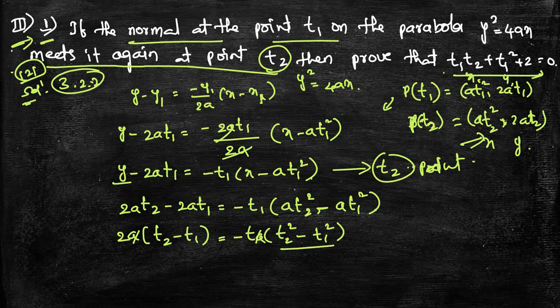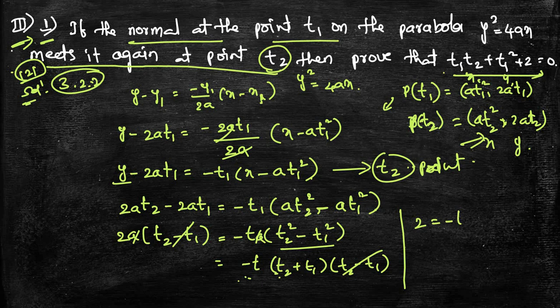From this, minus t1 into, we can write it as t2 plus t1 into t2 minus t1. So t2 minus t1 and t2 minus t1 will get cancelled, and what will remain is 2 is equal to minus t1 into t2 plus t1.